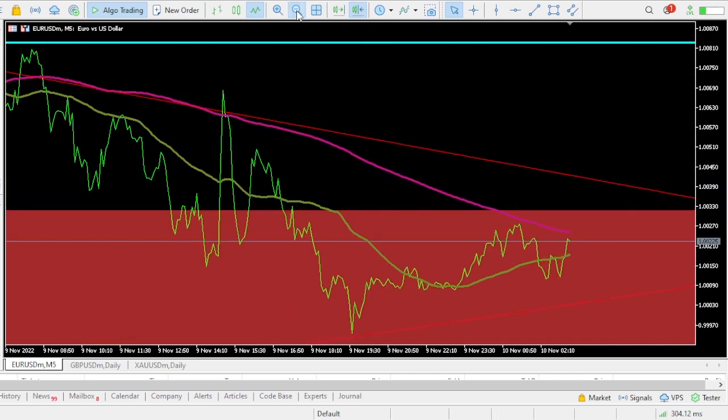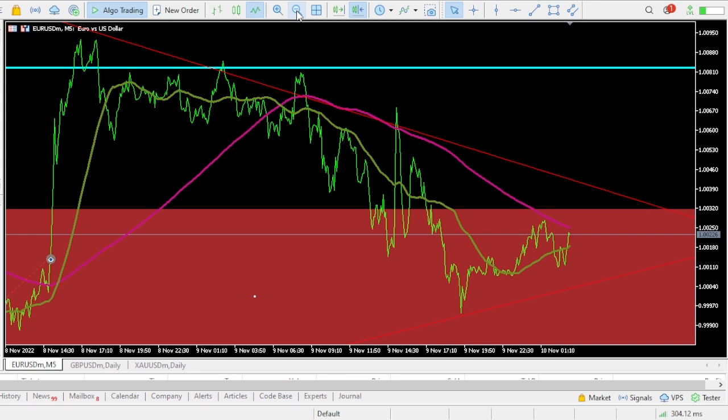So since my bias is buy, what I'll be waiting for is for the moving average on the lower time frame to cross to confirm what I've seen in the upper time frame. Do you understand now? If it doesn't confirm what I see in the upper time frame, I won't enter the trade. I'll just be waiting. Since I'm looking for buy, but on the lower time frame it has not shown any sign of buy, it's still in sell, so you pause.